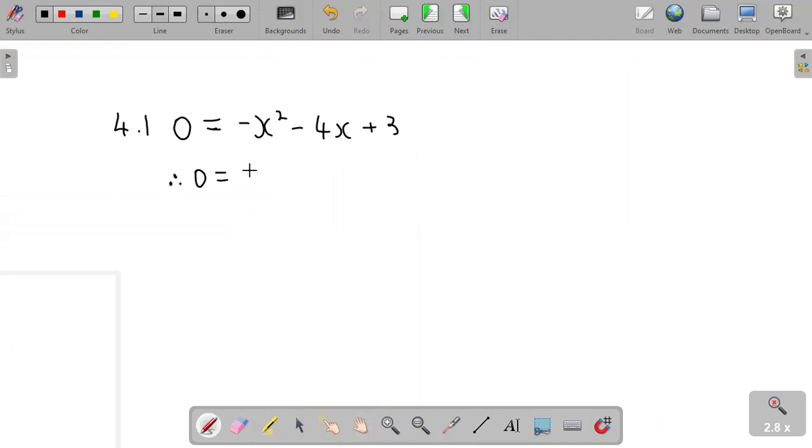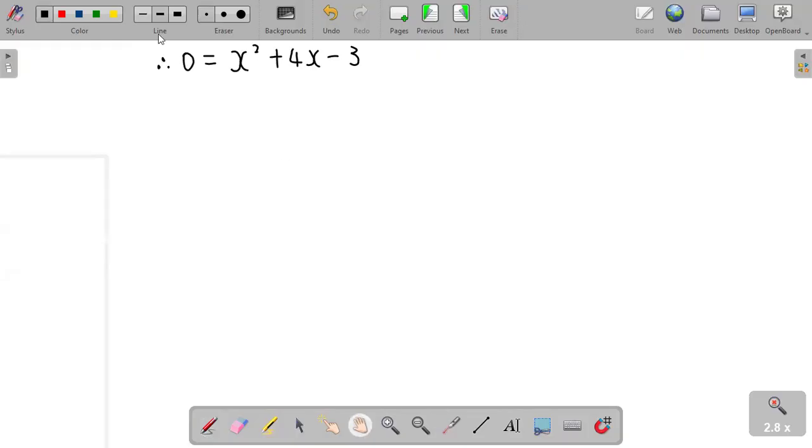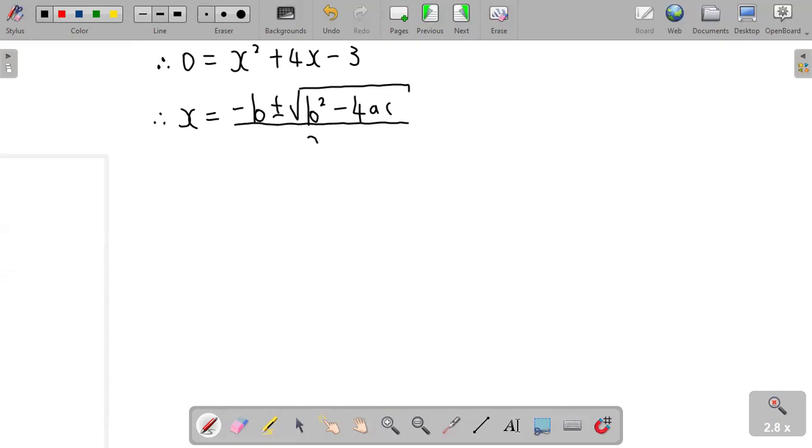So therefore 0 equals x squared plus 4x minus 3. So we can find those intercepts, okay? So we can then say, therefore, x equals negative b plus or minus the square root of b squared minus 4ac, all over 2a.